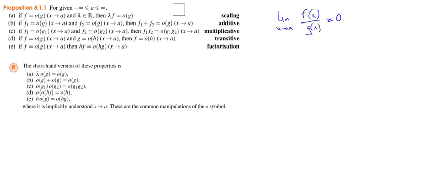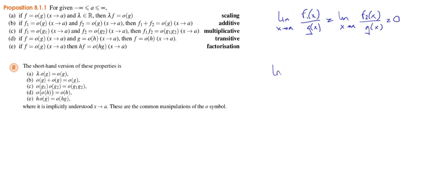Now, the second property is that this small o is additive, right? If f1 and f2 are both small o of g as x goes to a, then the sum of them will also be small o of g, okay? That means that the limit when x goes to a of each of them divided by g is 0.